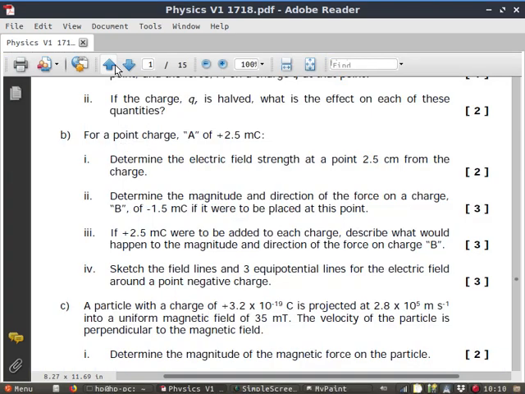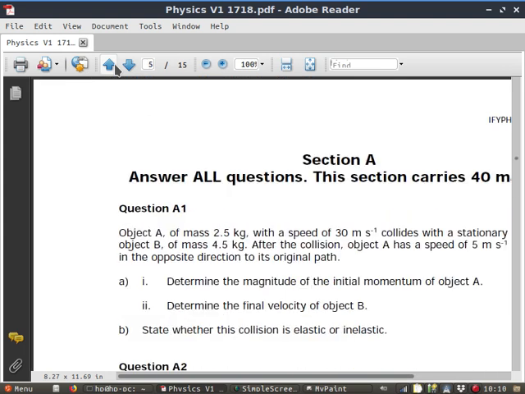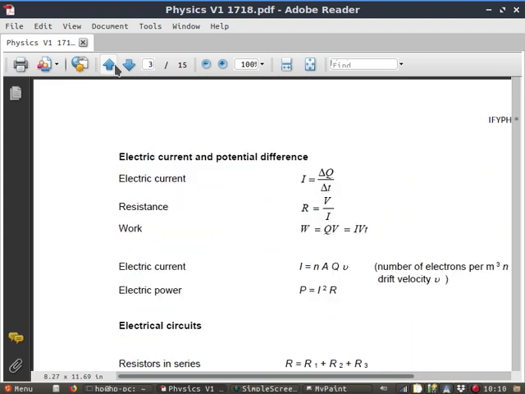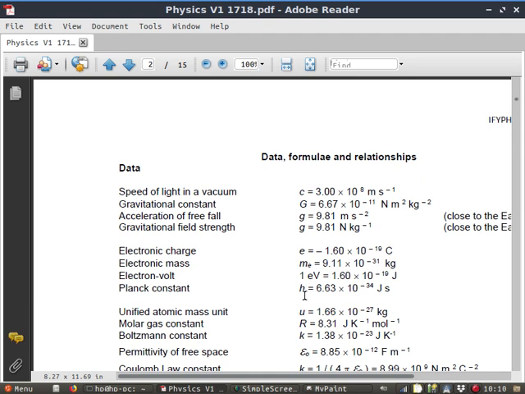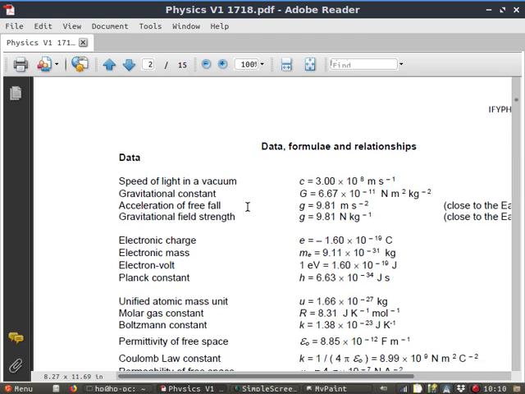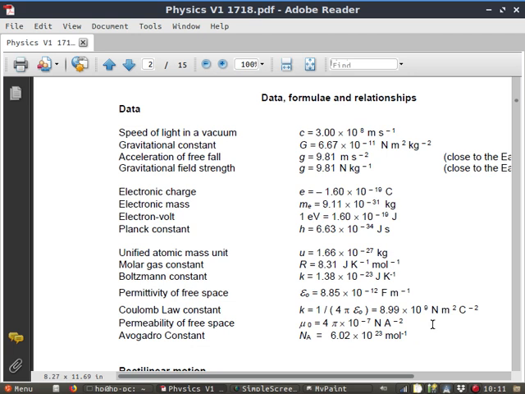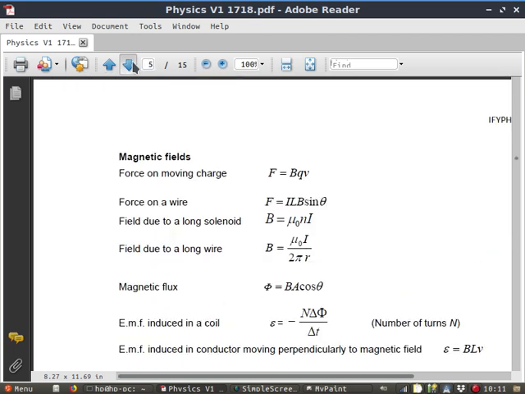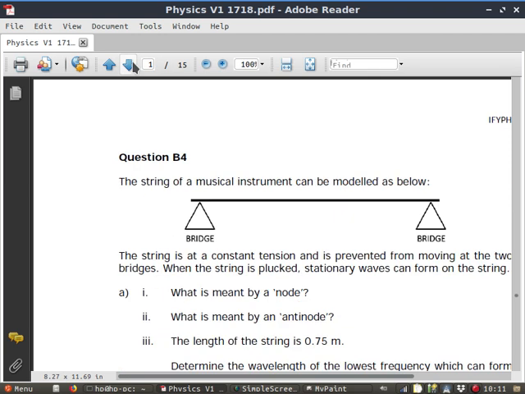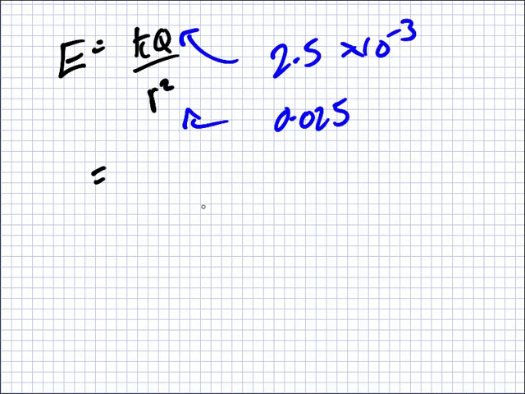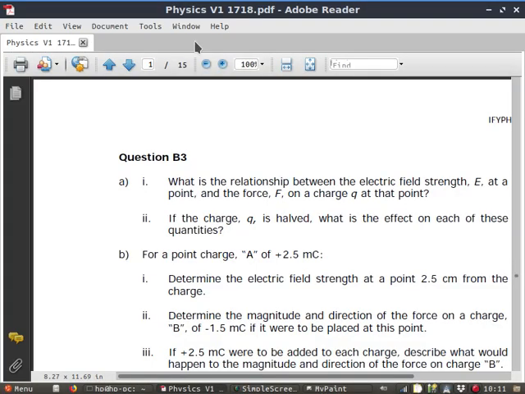K is at the start of the book, look. I think it's 3.6 times 10 to the 10. Okay. Next.